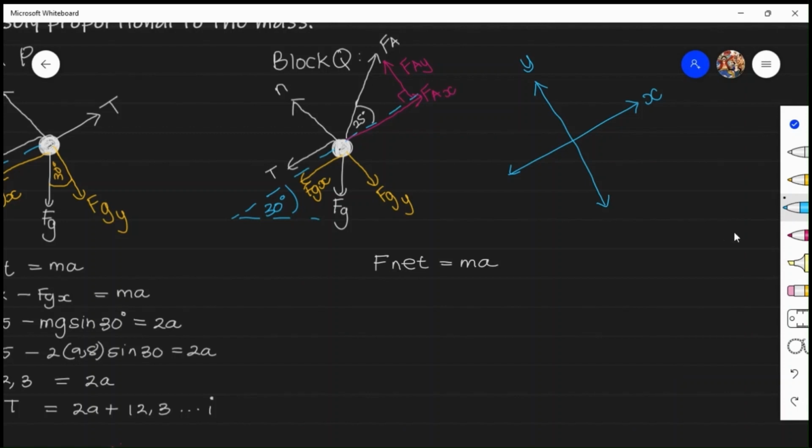Now our force FA looks like this. And our force FG looks like that. So as you can see, those forces are neither in the horizontal or vertical direction.